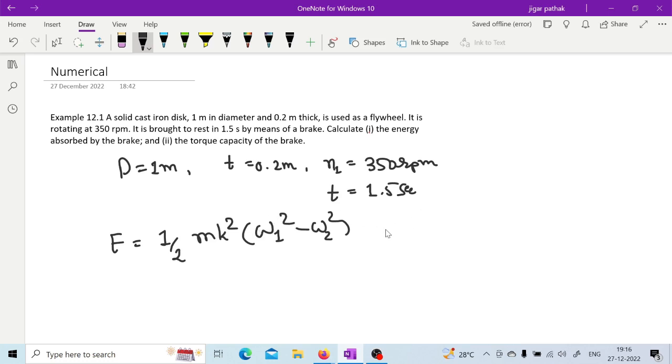Omega 2 you can consider 0, and omega 1 you can calculate from the rpm: 2πN1 by 60.